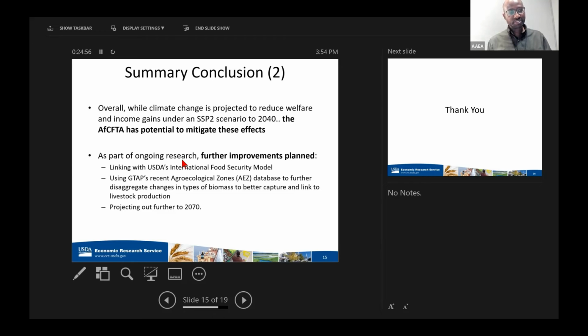But I applaud the authors of the three papers because these are really important questions that you've been addressing, because it has implications for the pattern of global trade, and also has strong implications for food security issues globally.